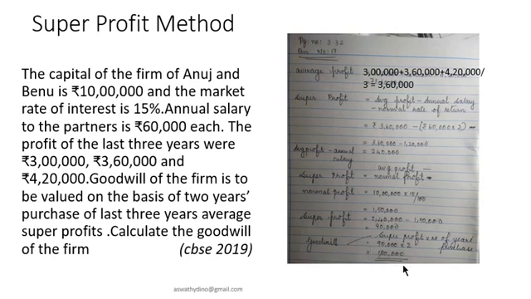Clear? The salary adjustment you need to do to find the average profit. Then normal profit is 10 lakh into 15%. Then actual average profit minus normal profit is the super profit. Then super profit multiplied by the number of years purchase gives the amount of goodwill. Hope it is clear.